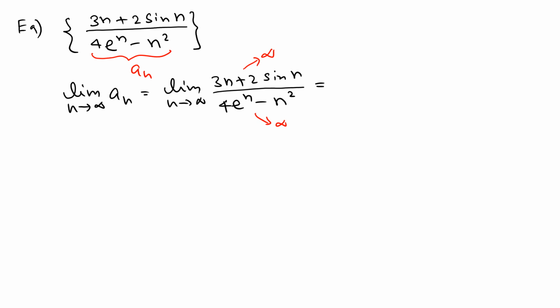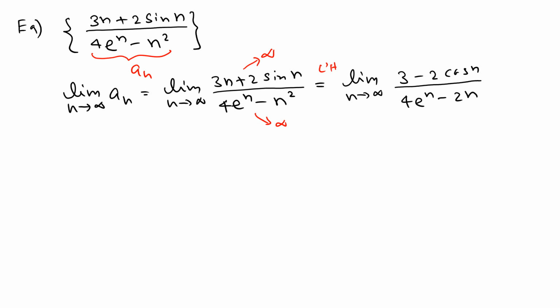If you use L'Hopital's rule, you get the limit as n goes to infinity of 3 minus 2 cosine n over, so what do you get? 4e^n minus 2n.